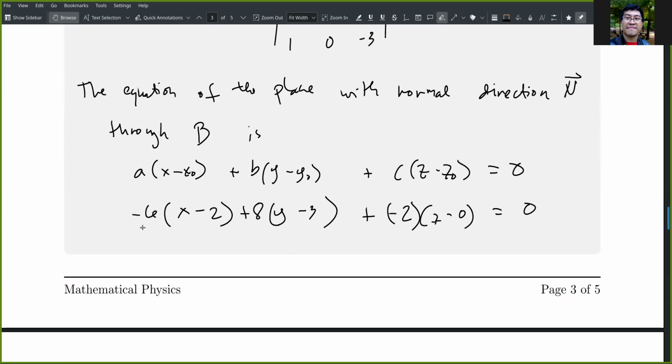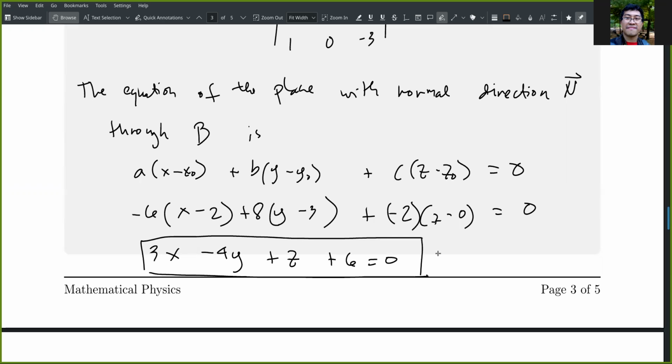We divide both sides by negative 2. You get here 3x, this becomes negative 4y, and this becomes z. The others become, you have this is 3 times negative 2, that's negative 6, plus negative 4 times negative 3, that's 12. So this is plus 6. This is the formula for the equation of that plane.